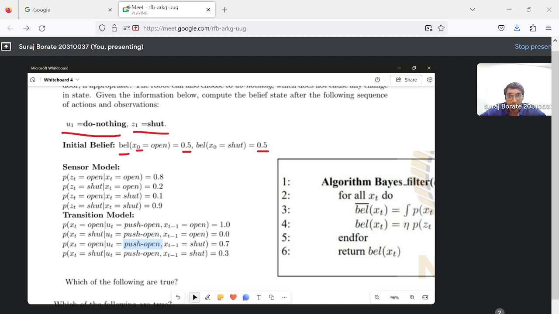Since we are integrating, we have to integrate over all the states.